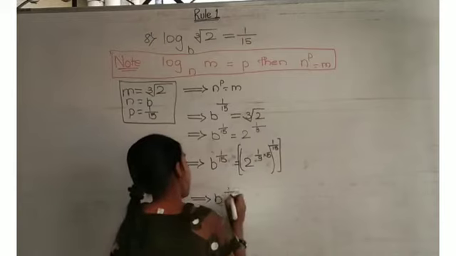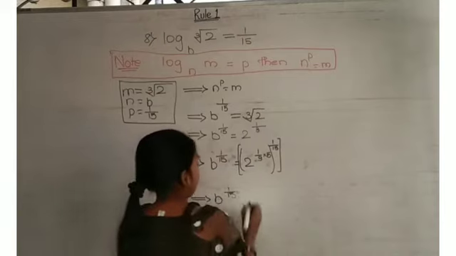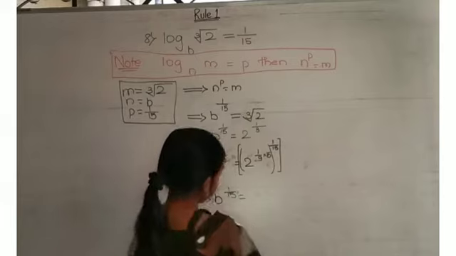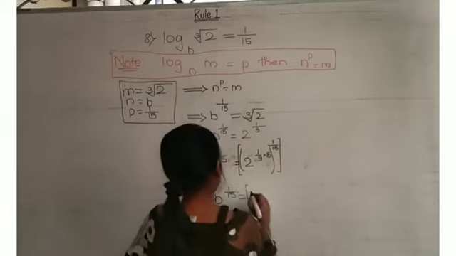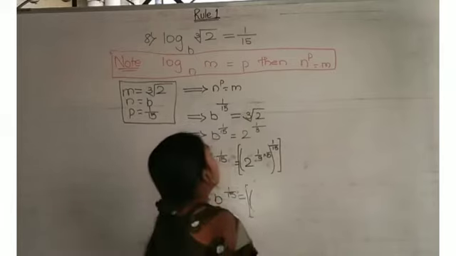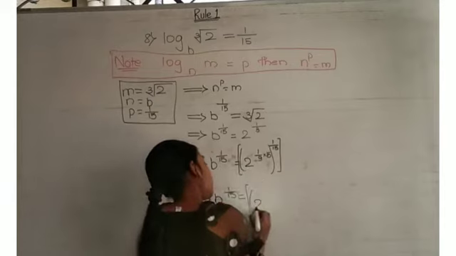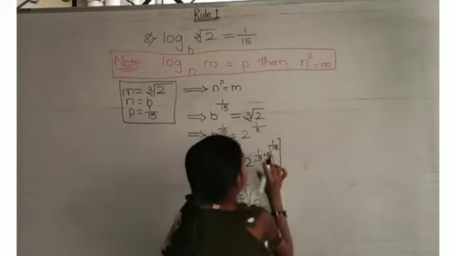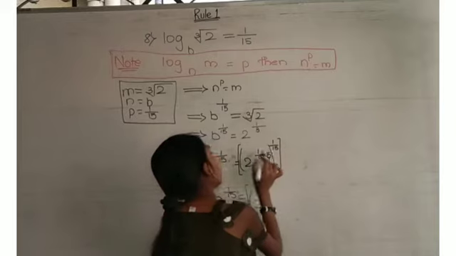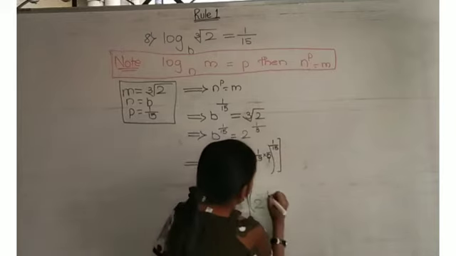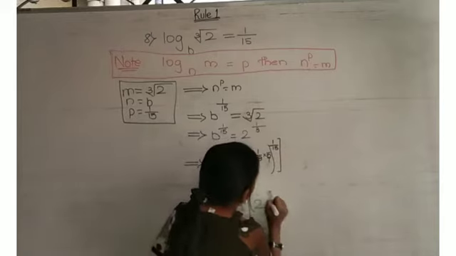So b raised to 1 upon 15 is equal to the big bracket, the small bracket. Now here this 2 will be as it is and this will be multiplied like this. So this 15, this 3, so it will become 15 upon 3.